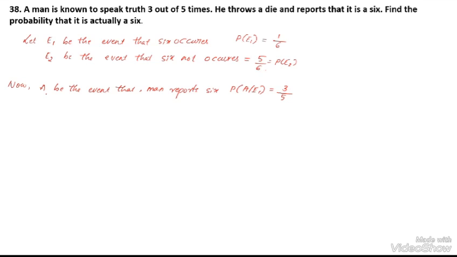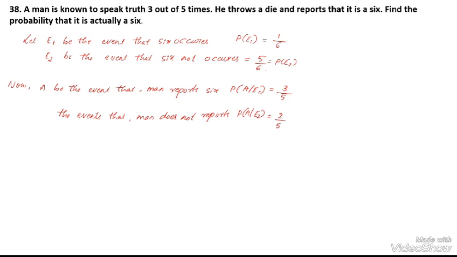Then there is another condition: the event that the man does not report 6. That is the condition A on E2, out of 5 times, 2 times he does not report a 6.